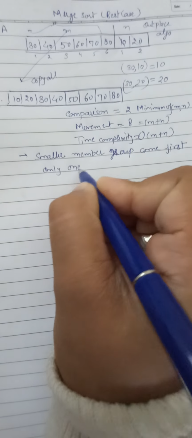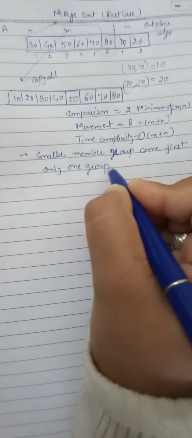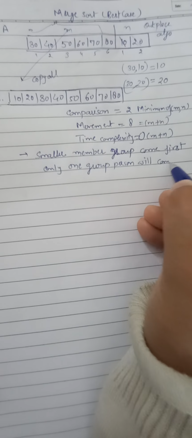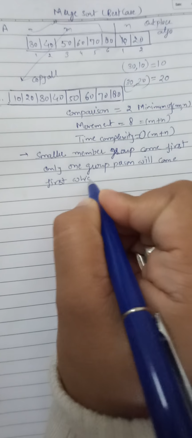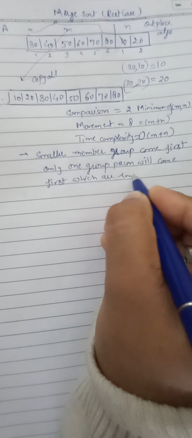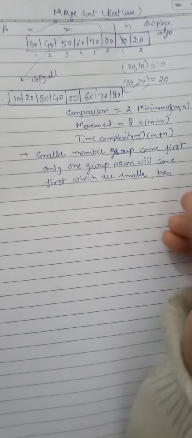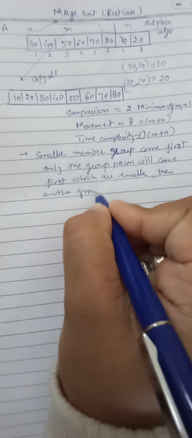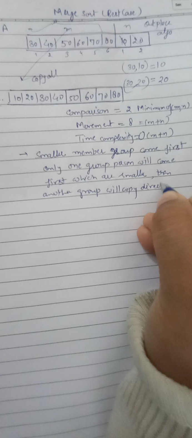Only one group, the one which is smaller in number, will come first, and the other group we will copy directly.